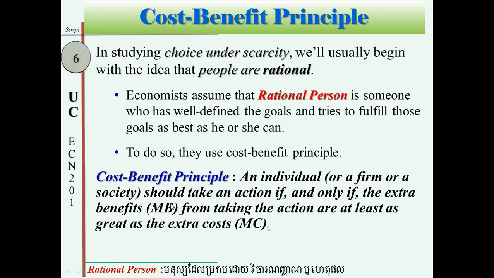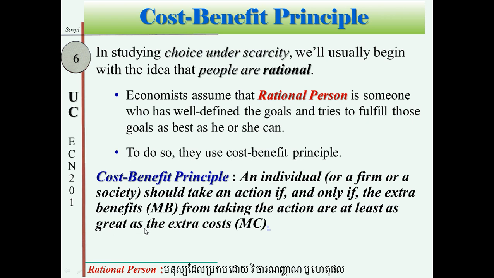What do extra benefit, marginal benefit, extra cost, marginal cost, and at least as great as mean? These are the key concepts of the cost-benefit principle.